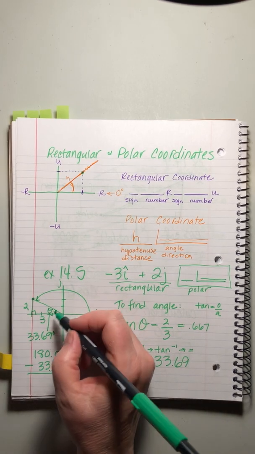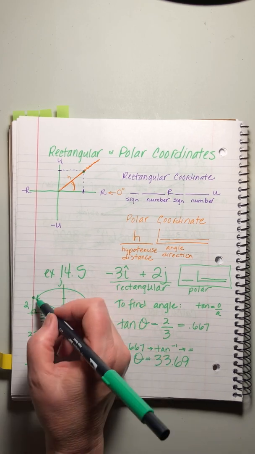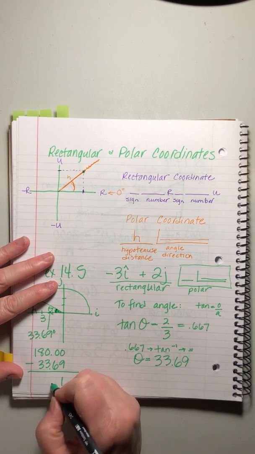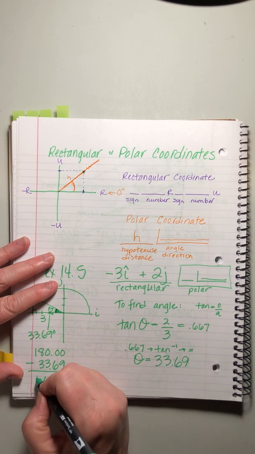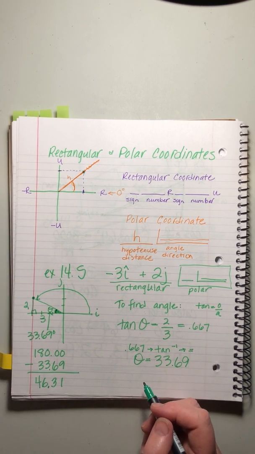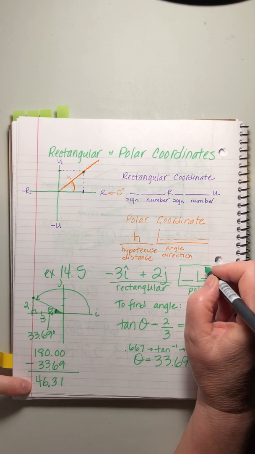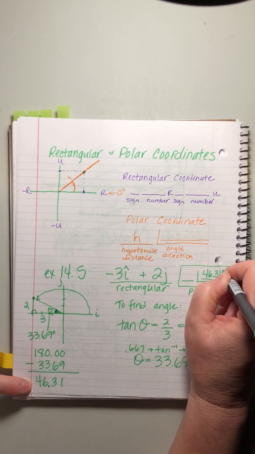Make sense? It's helpful to know what this is, but we don't want that. We want this. So now we subtract, and let's see, this would be a 1, a 3, a 6, and a 4, okay? That tells us that this number is 46.31 degrees.